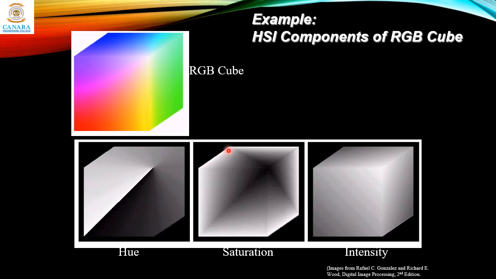High saturation means it's pure color. So these are the pure colors on the edge, and they are represented by white. And then this is the intensity map. Again, intensity is more at this corner because it is pure white, and when we have RGB at maximum value, we have white color, and the intensity will be more at this point.